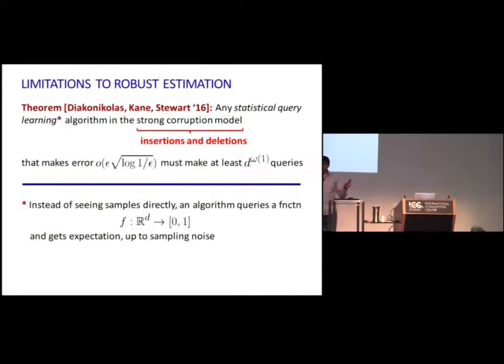This really comes from the fact that an adversary can remove part of the tail of the Gaussian, and you can't easily detect that he's done that and fill in the rest of the tail. So if it makes error little o of epsilon root log 1 over epsilon, then it actually has to make a super polynomial number of queries. So this is some kind of limitation to high-dimensional robust estimation. Even though you can prune away those root d factors, there are these extra polylog 1 over epsilon factors that seem somewhat intrinsic.